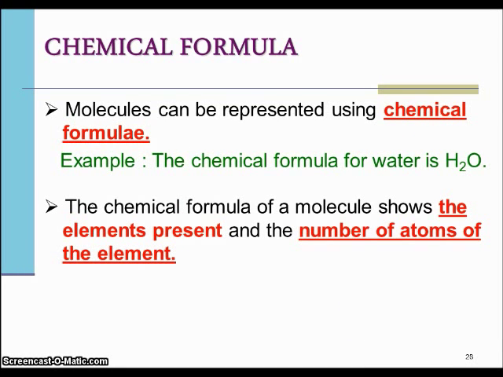Molecules can be represented using chemical formulas. As you all know, the chemical formula for water is H2O. The chemical formula of a molecule shows the elements present as well as the number of atoms of each element that is present in the substance.